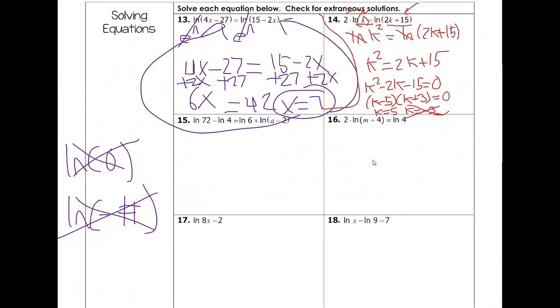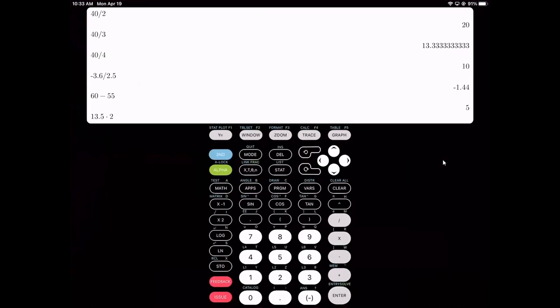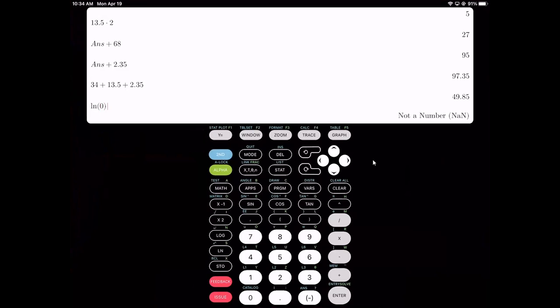If you plug that into a graphing calculator, here, I'll just show you. This isn't a very great explanation, but if you plug in ln of zero, it's going to say not a number. With ln of a negative number, this app gives you an imaginary solution, which is a strange thing, but it's a non-real solution, and we're not worried about finding imaginary solutions.